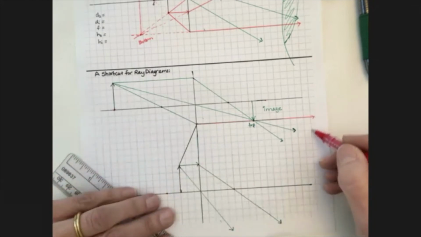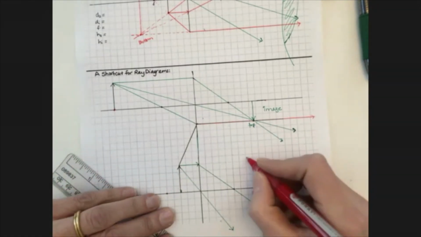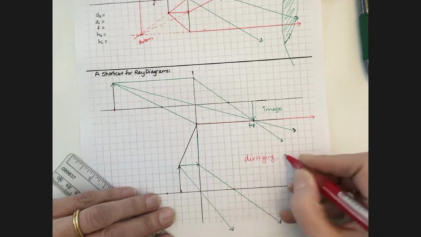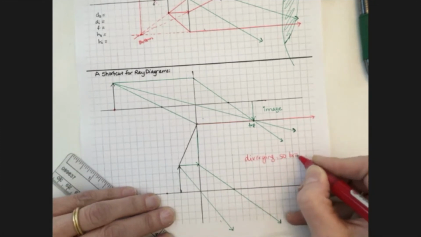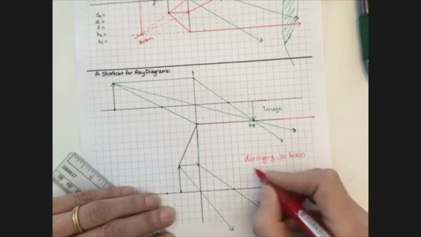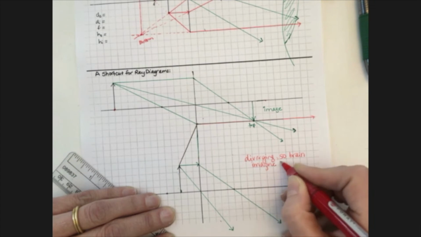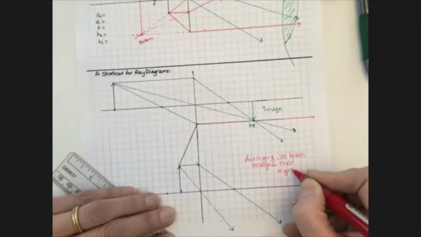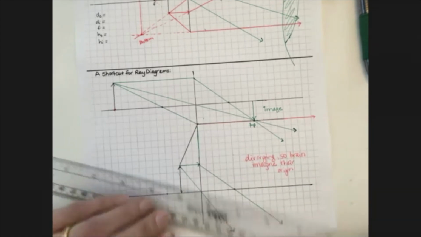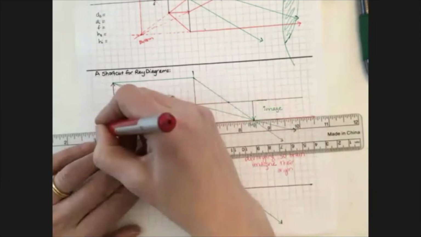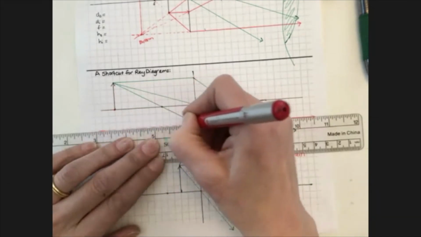Okay, and you can see that we have diverging light rays over here. So the brain has to imagine their origin. So now we extend them back here.